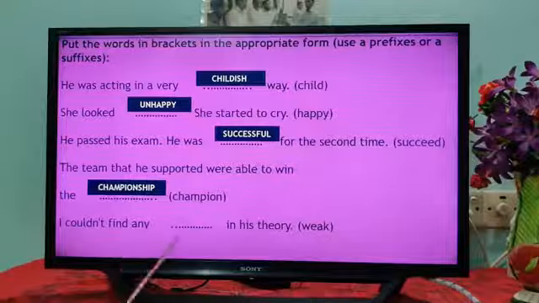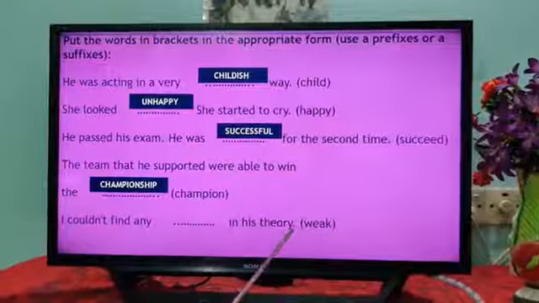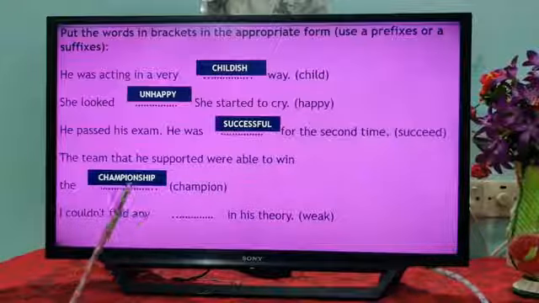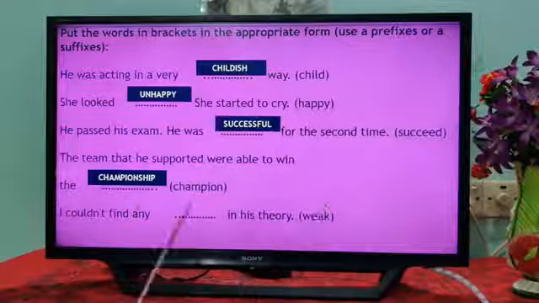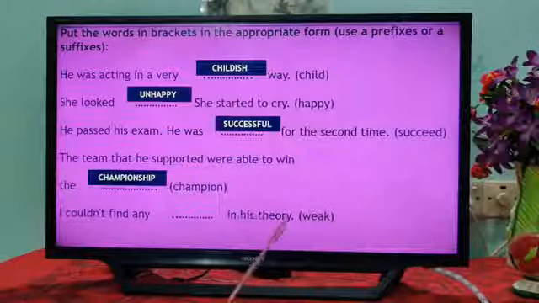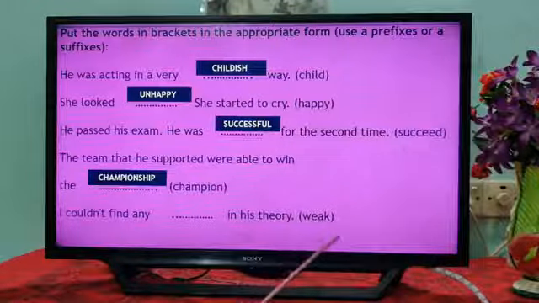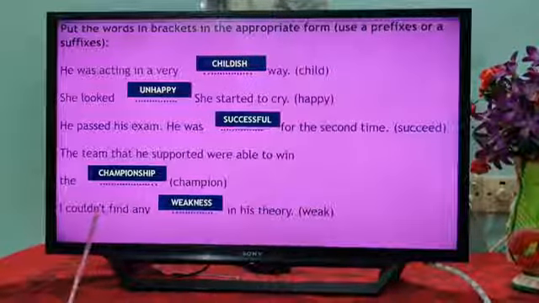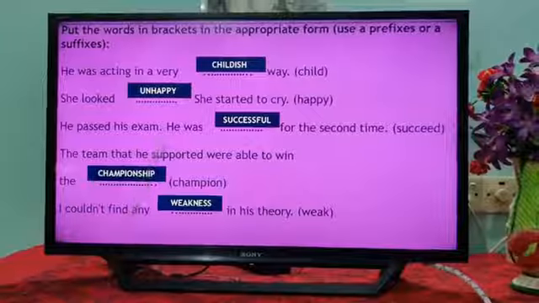I could not find any dash in his theory. After the adjective any you need to put a noun. So what will be the noun of weak? Weakness. Weakness will be the noun of weak. Okay?